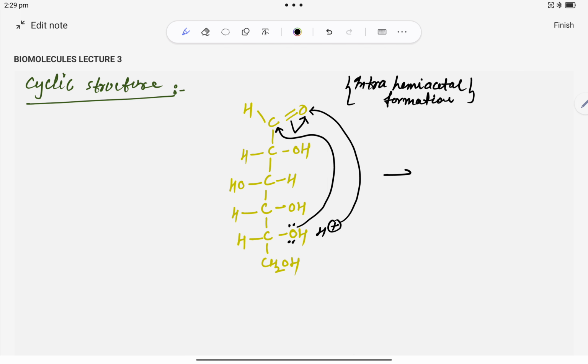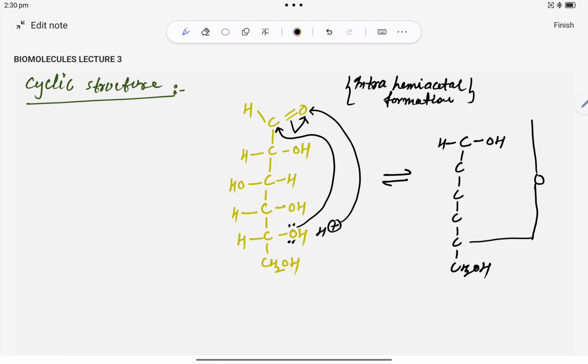So what you are getting, children? Write it here. This is the carbon. Now this carbon is having OH, oxygen, and hydrogen is attached. Then hydrogen, remaining carbons 1 2 3 4 5 6, the 6 carbon positions as it is. On the second last carbon we are having oxygen.